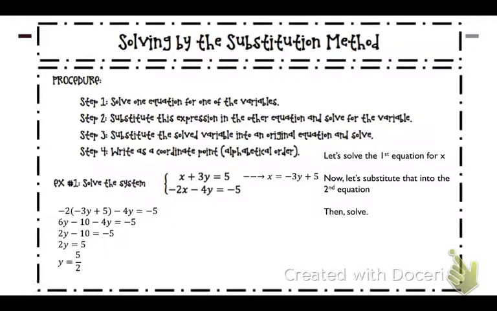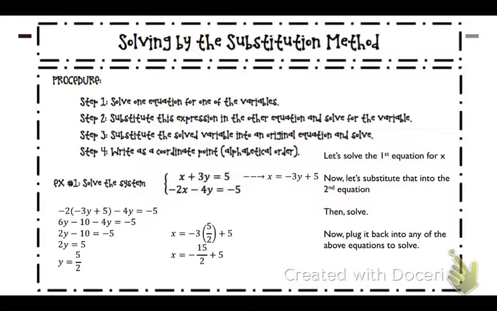So I've solved for y. I need to go back and solve for x. So I'm going to plug that y in for the equation that I first solved for x. So I'm going to have x equals negative 3 times 5 over 2 plus 5. We multiply that out. That's x equals negative 15 halves plus 5. 5 is the same thing as 10 over 2.